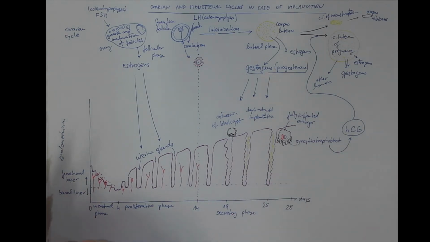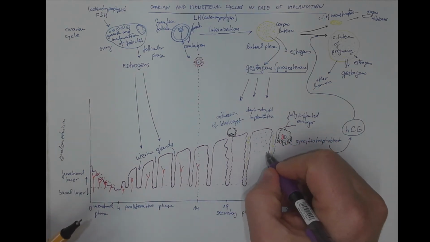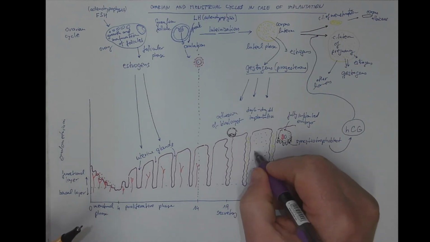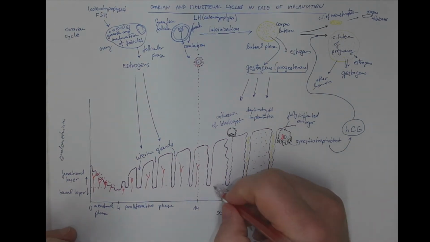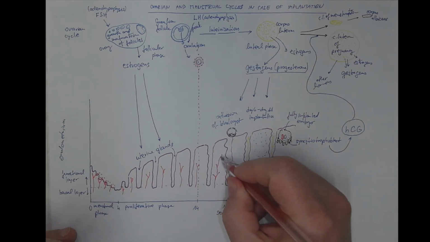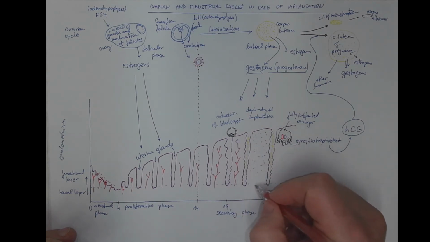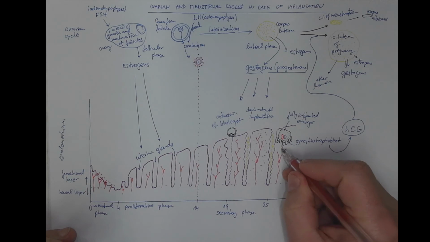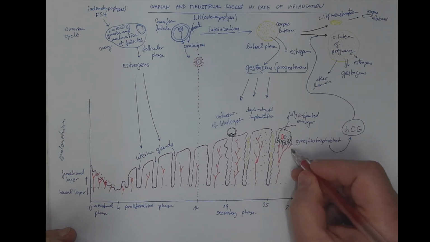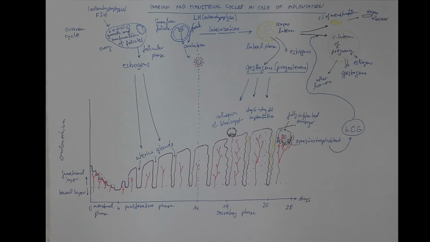The stroma is preparing for implantation by accumulating nutrients such as lipid droplets and glycogen, and also the blood vessels become really rich, to provide the nutrition for the implanted embryo.